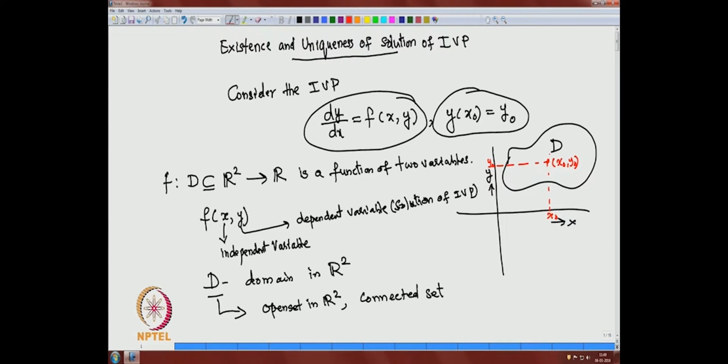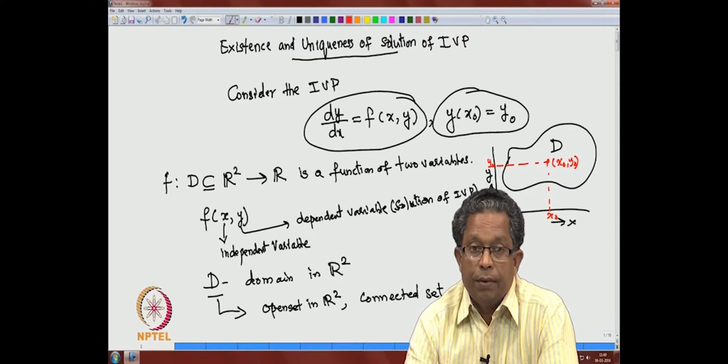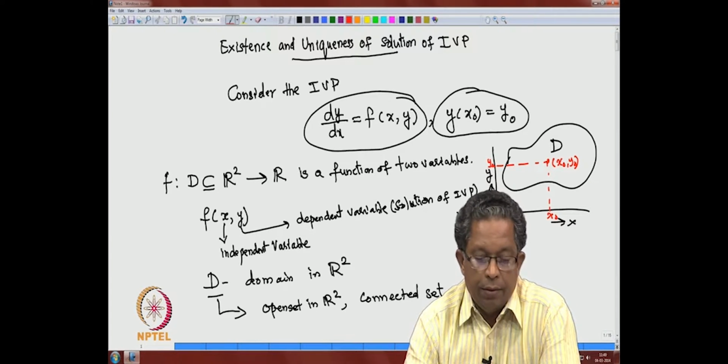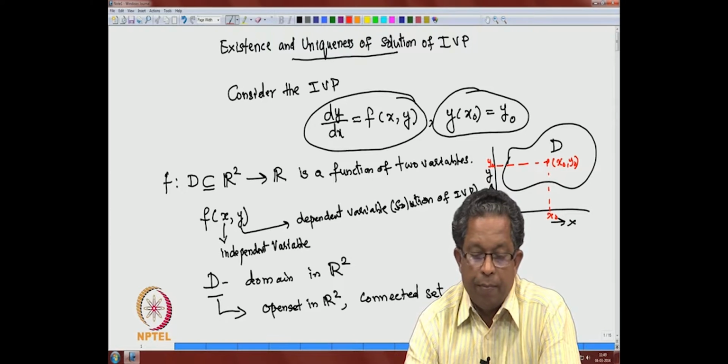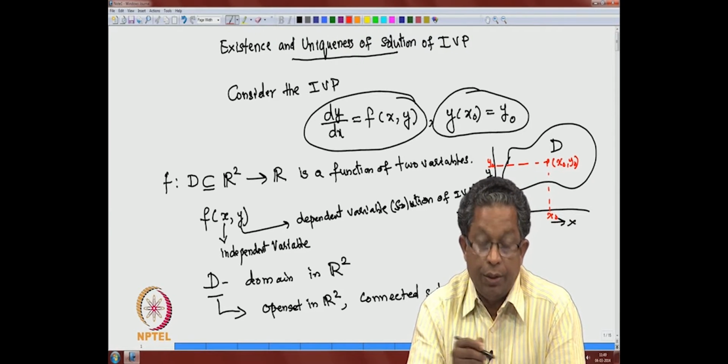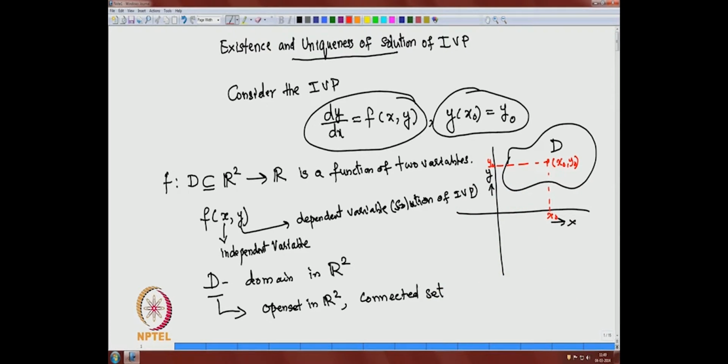We are looking for a function starting from this point, and f is defined on the domain D. To make sure that the initial value problem has a solution, we require certain conditions on f. So, let me first state the conditions, we will do the proof later.